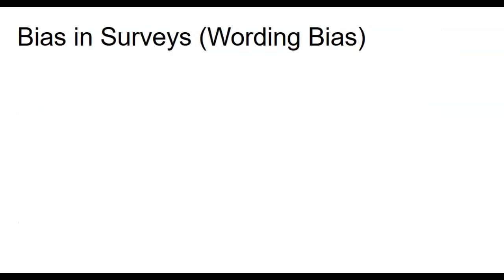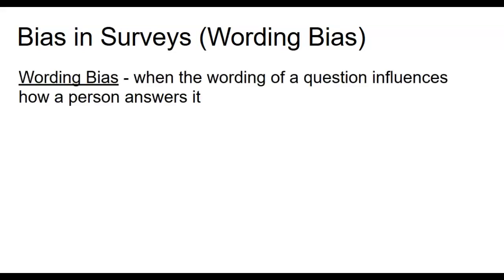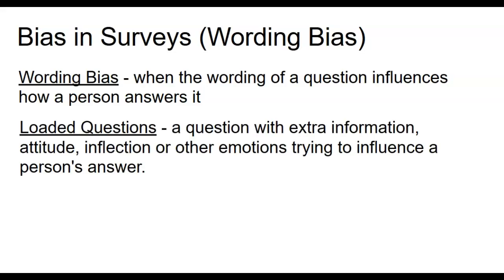Wording bias occurs when the wording of the question itself influences how people answer it. There are 2 main types of wording bias we want to focus on. The first is loaded questions. These type of questions have extra information, attitude, inflection, or other emotions trying to influence a person's answer.